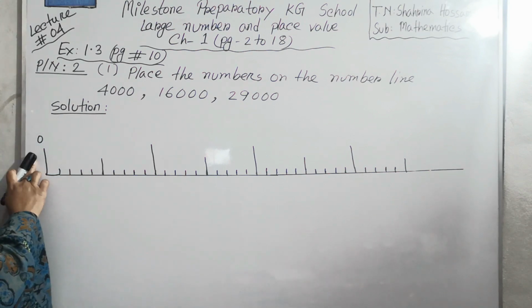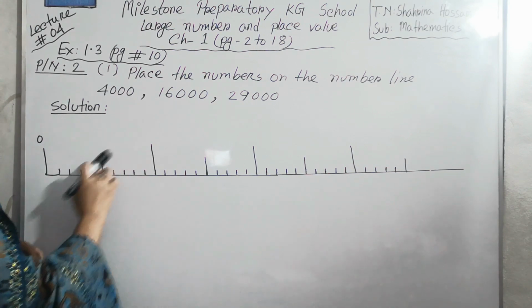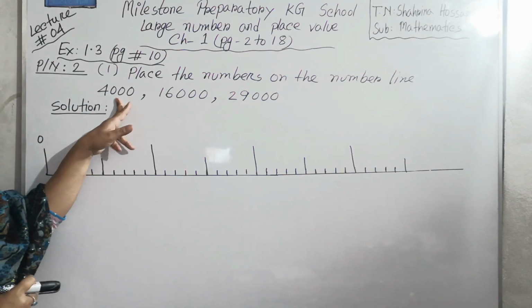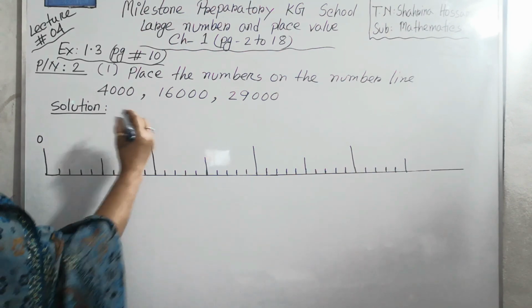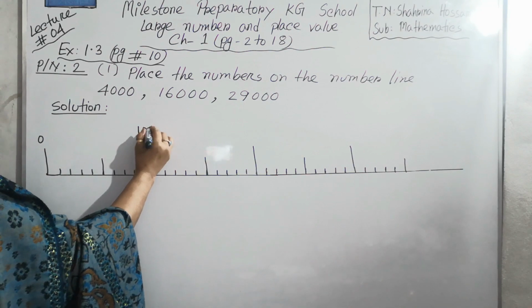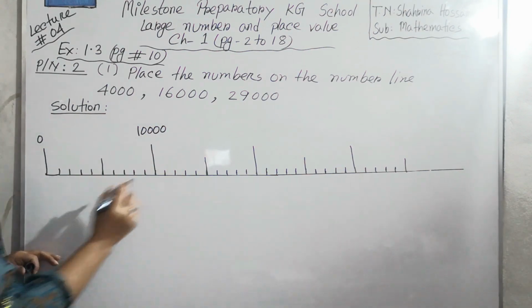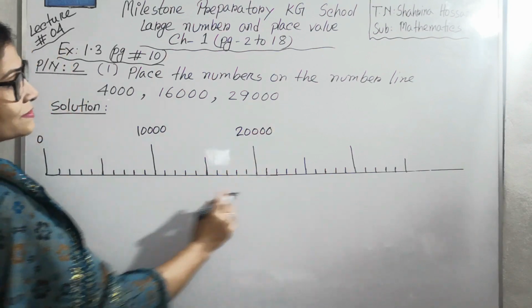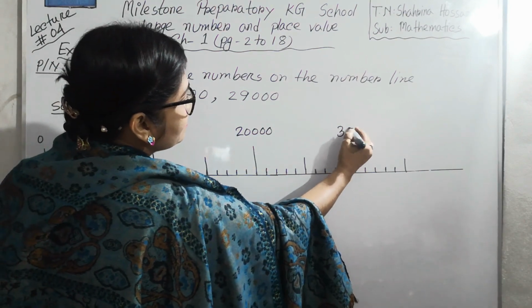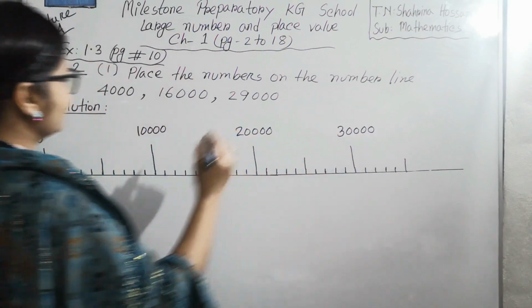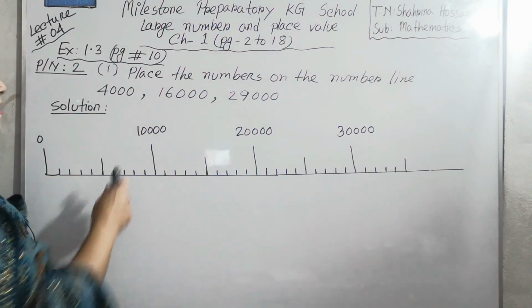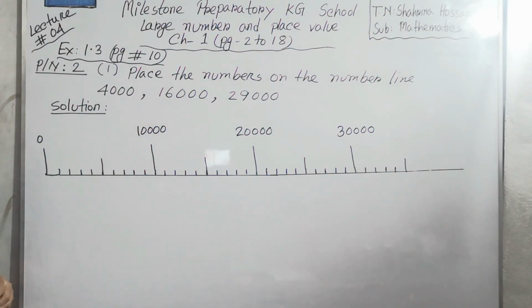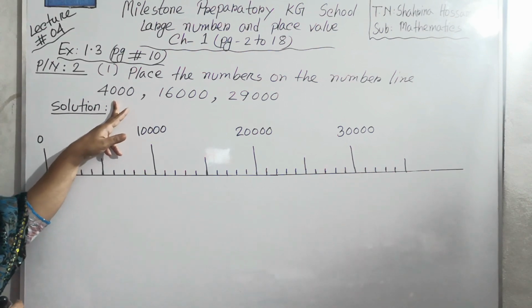If I mention this as 0, then our first number starts from 1000, so I can make this 10,000, now this is 20,000, then this one 30,000. Why am I taking 1000? Because my first number starts from 1000.